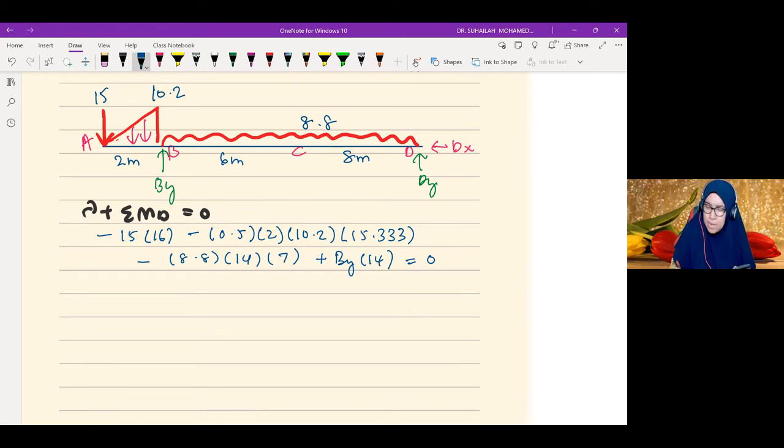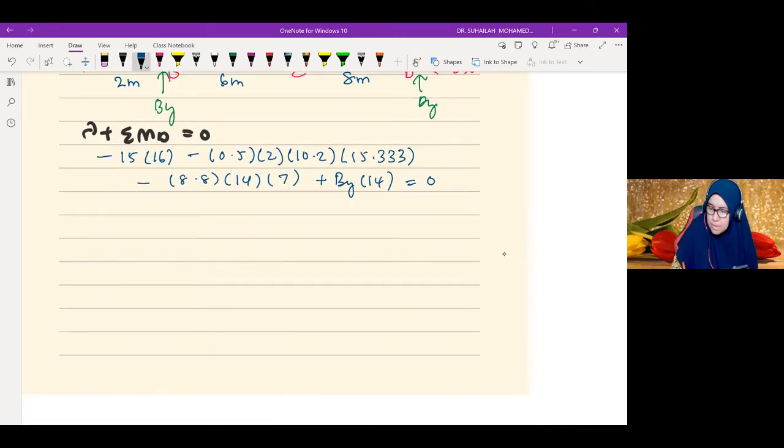So we get BY equal to negative 89.914 kilonewton.